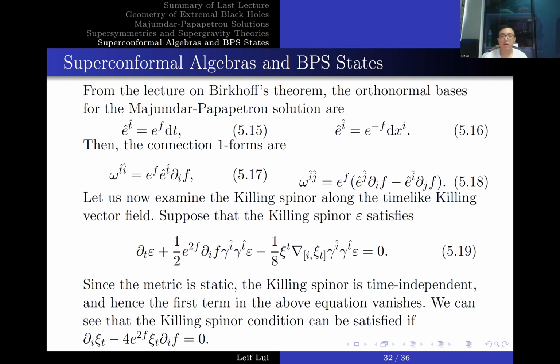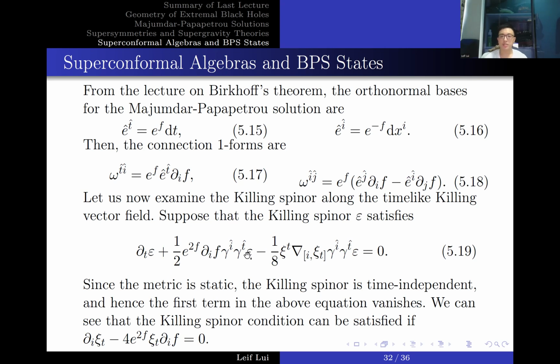From the lecture on Birkhoff's theorem, the orthonormal bases for the Majumdar-Papapetrou solution are as follows, and the spin connection 1-forms are as follows. If you don't remember how to compute these, go back to the lecture on Birkhoff's theorem, as this is exactly the same as the differential forms formalism. Now let us examine the Killing spinor along the time-like Killing vector field, and suppose that the Killing spinor epsilon satisfies the spinor Lie derivative equation, where the spinor Lie derivative vanishes, and we obtain the following equation.